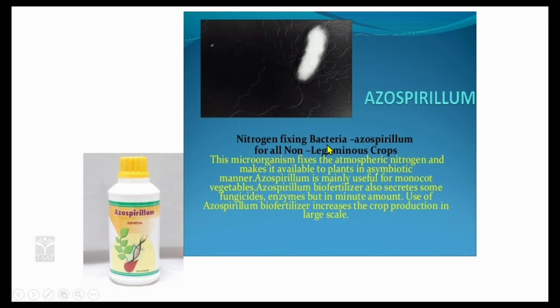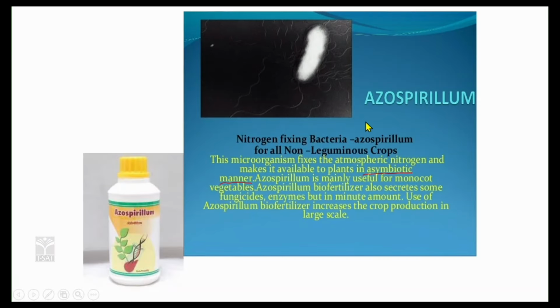In the case of azospirillum, the microorganisms fix the atmospheric nitrogen and make it available to the plant in an asymbiotic manner. For example, rhizobium is in a symbiotic association with the plant, but azospirillum is not in a symbiotic association.